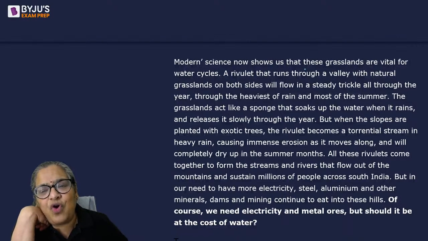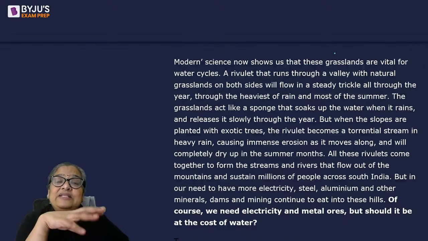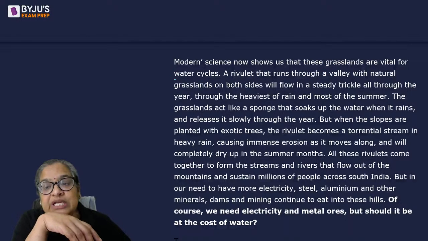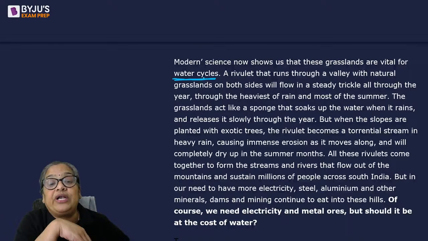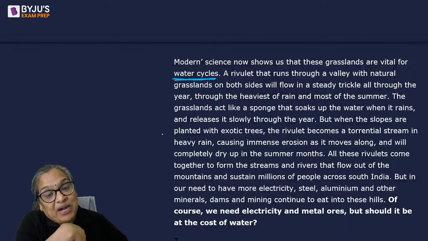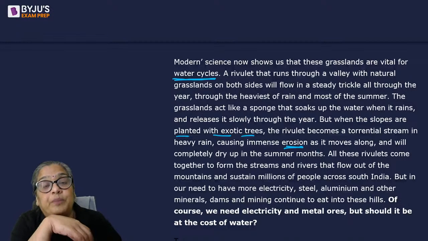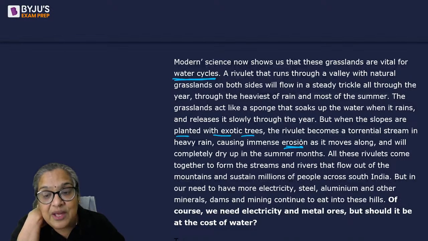They talked of grasslands, natural grasslands in India, and they said the British used to call it wastelands. But actually, geologists say that they are very important for water cycles. But when we are planting trees and building houses there, we are contributing to soil erosion.